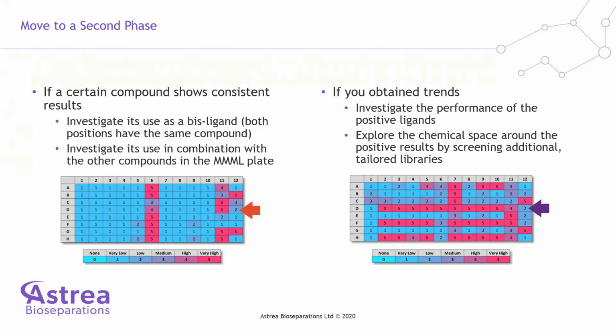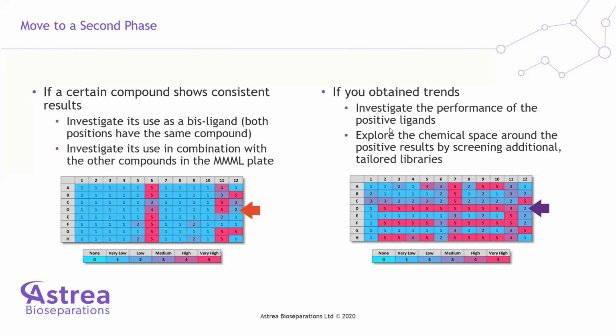That is an adsorbent that has both sides of the triazine with the same compound. Or you can investigate its use in combination with the other compounds in the MMN plate, so the different materials that are present mostly in column 6.